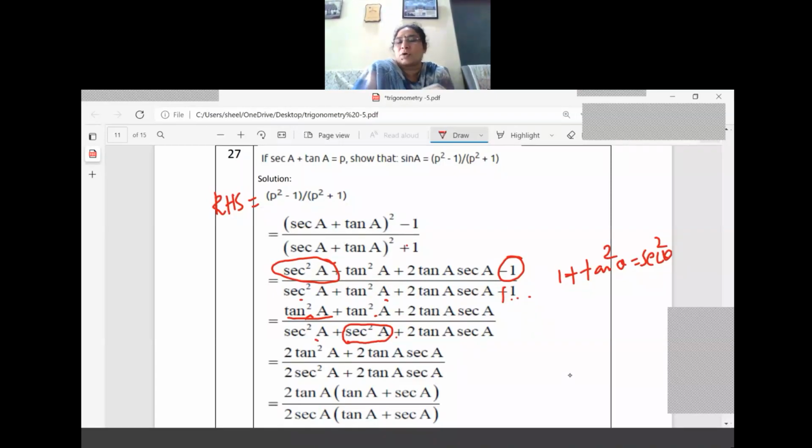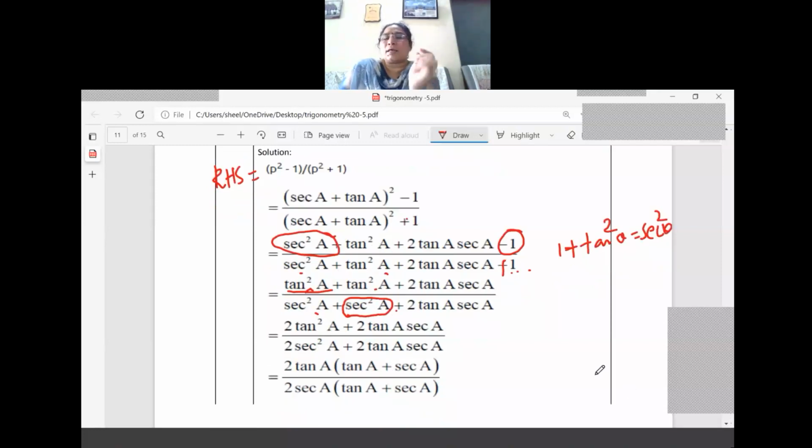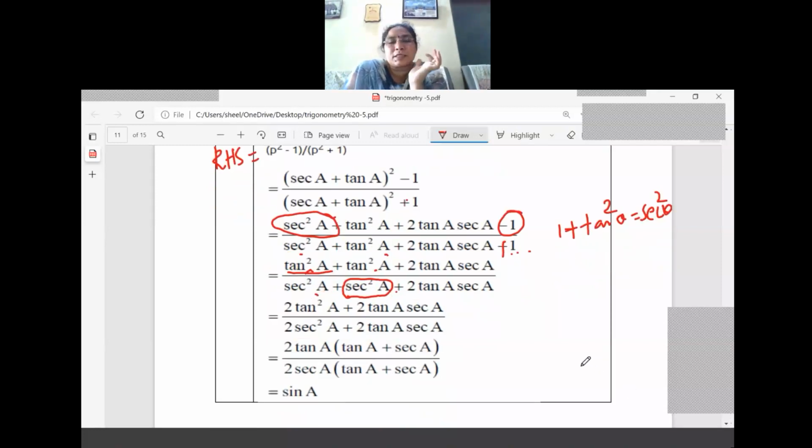Now how many tan square A are there? It is 2 tan square A, and other than that the remaining term is the same, 2 tan A cosec A. So 2 tan square A plus 2 tan A cosec A, whole divided by 2 sec square A plus 2 tan A cosec A. Now you can go for the common. First of all, 2 is common in both numerator and denominator, but in the numerator tan A is common and in the denominator sec A is common.